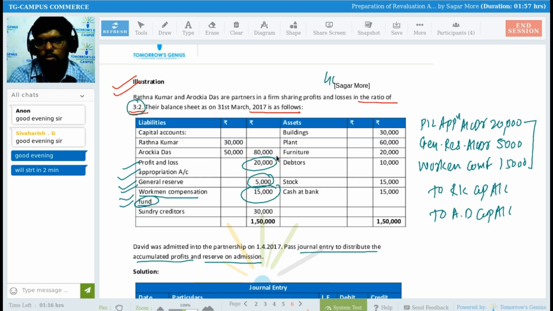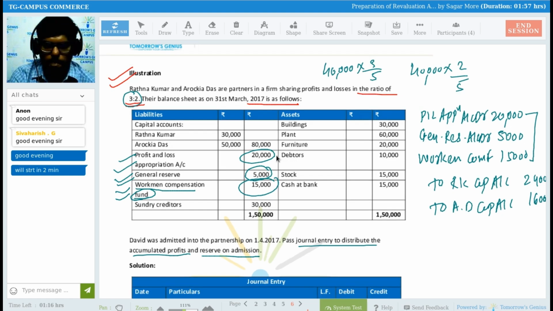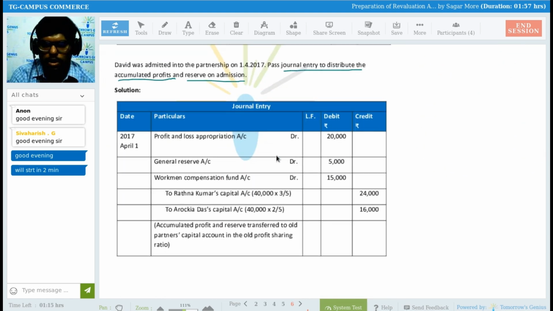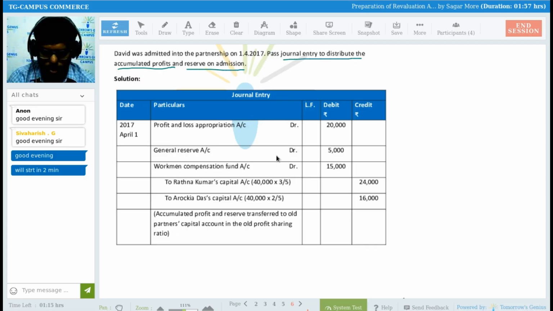So 24,000 and 16,000. Right? Any doubt in this? Your answer is absolutely correct. Understood? Shall I move further?